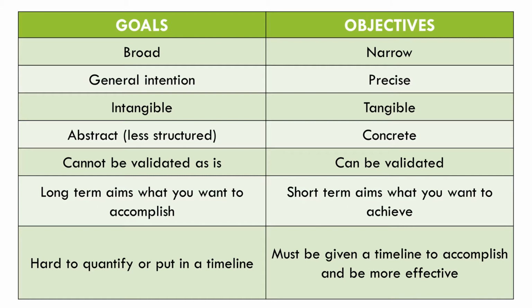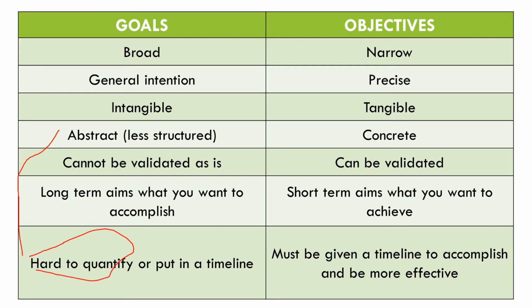Compared to your objectives, which are very specific, therefore they require short-term aims. And the last one I think we have is that goals are hard to quantify, hard to quantify or put in a timeline. It is very clear why it is hard to quantify, because most likely they are abstract.